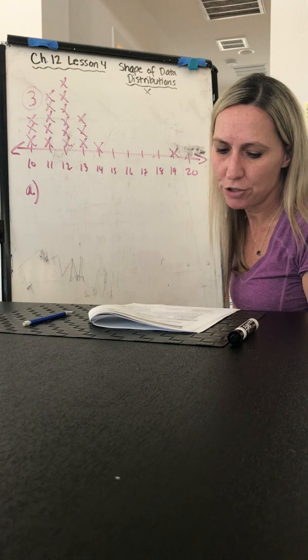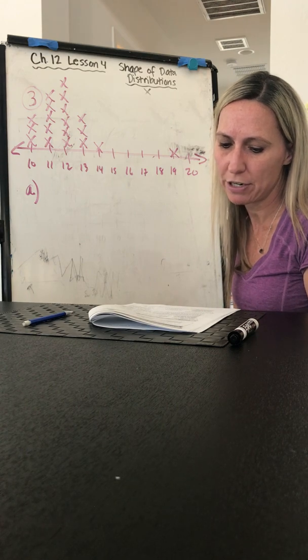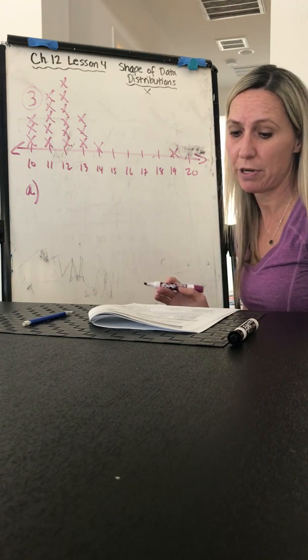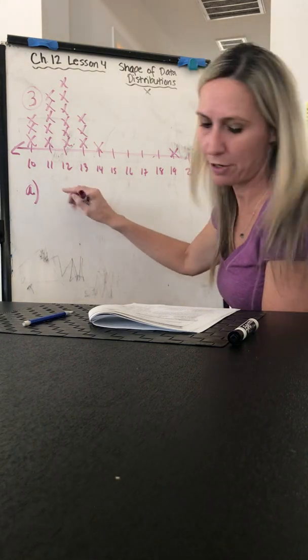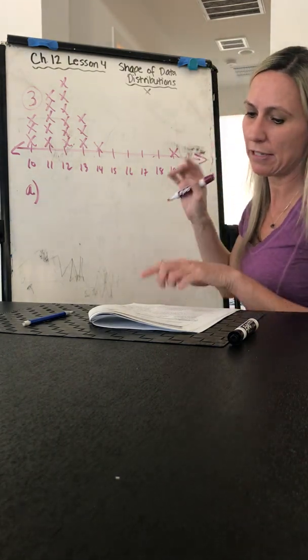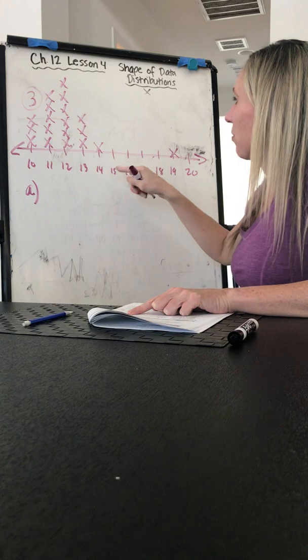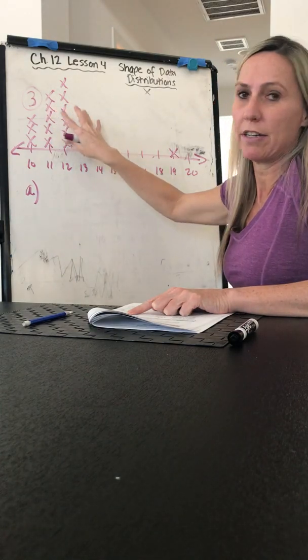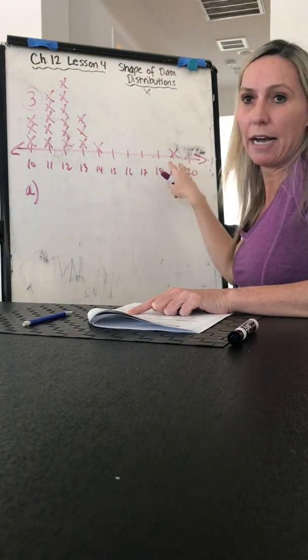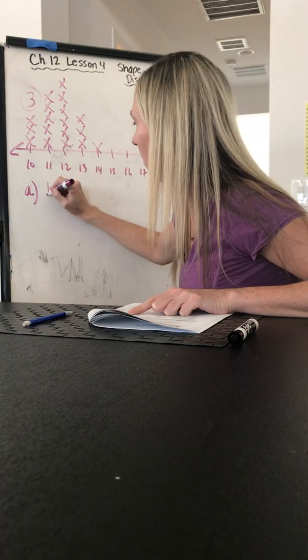It says choose the appropriate measure to describe the center and spread of the distribution. Justify your response based on the shape of the distribution. So you can say something like, because this is not symmetrical, do you see how there's a bunch of data over here, and then there's an outlier over here, there's a big gap? Because of that, I'm going to use the median.